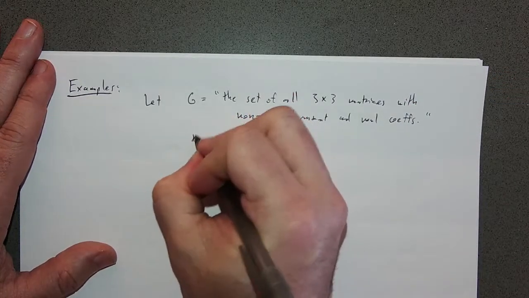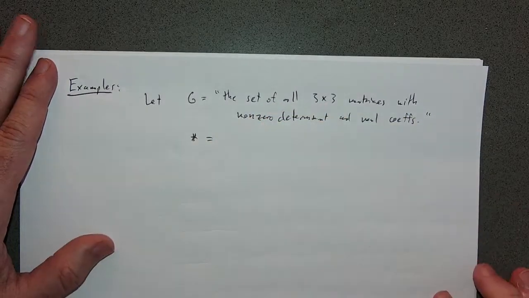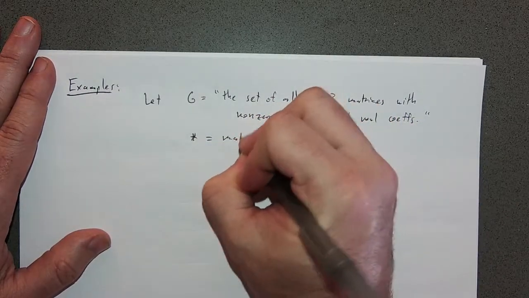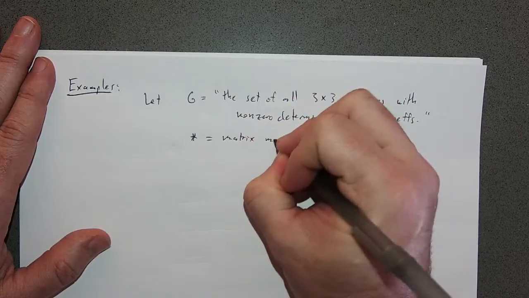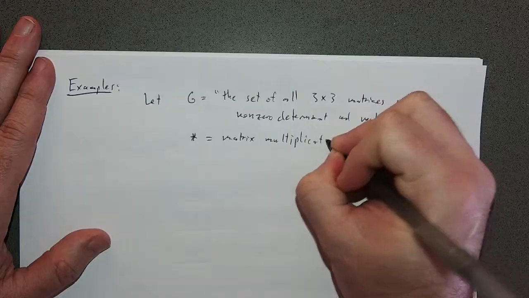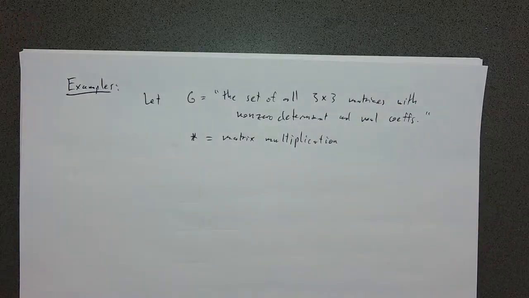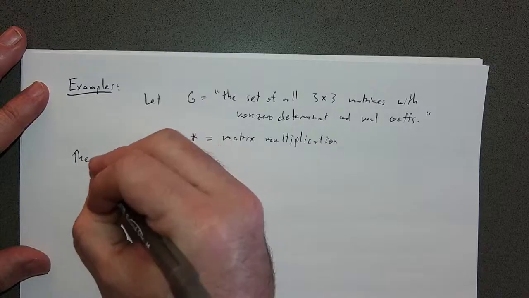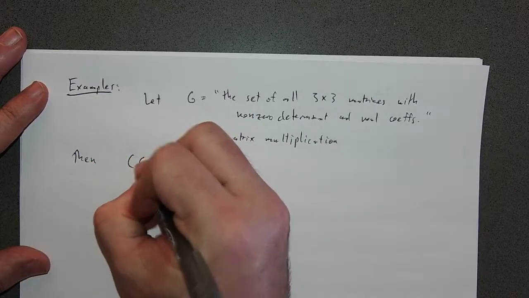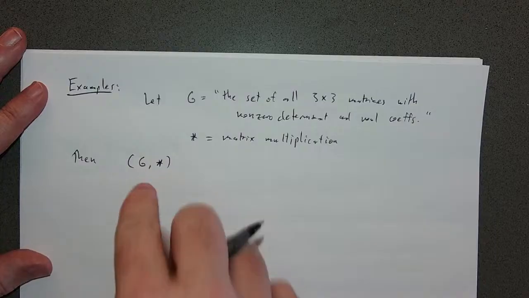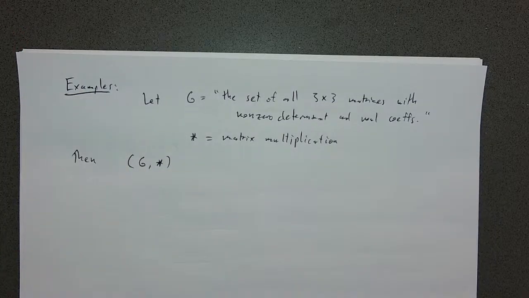Let star be matrix multiplication. Then the set G together with this binary operation star is a group.